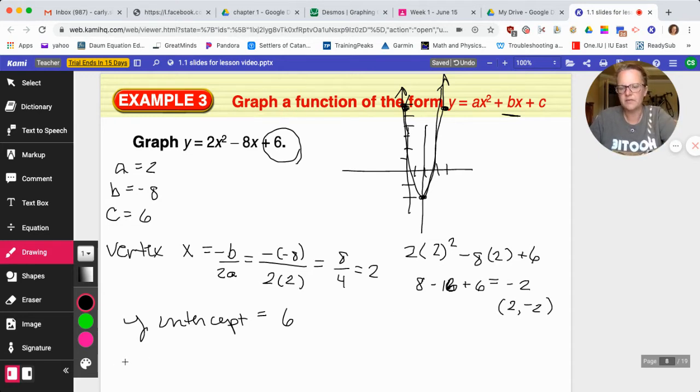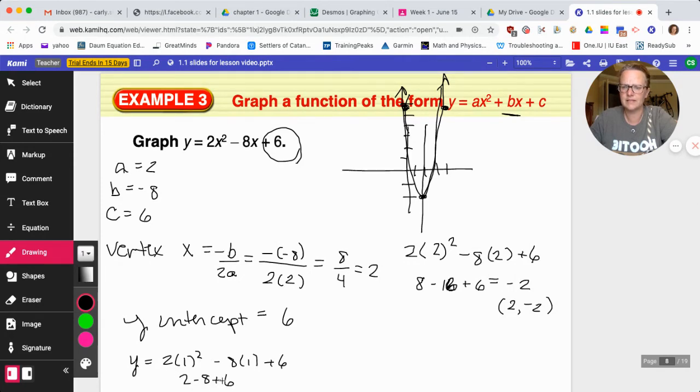So we can always evaluate the function at one more value, and I'm going to evaluate it at 1. So we can have y equals 2 times 1 squared minus 8 times 1 plus 6. 2 minus 8 plus 6. 2 minus 8 is -6, plus 6 is 0.